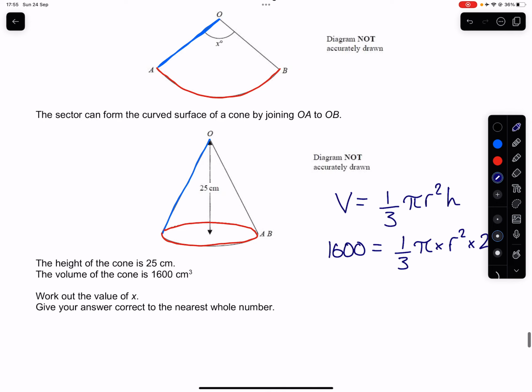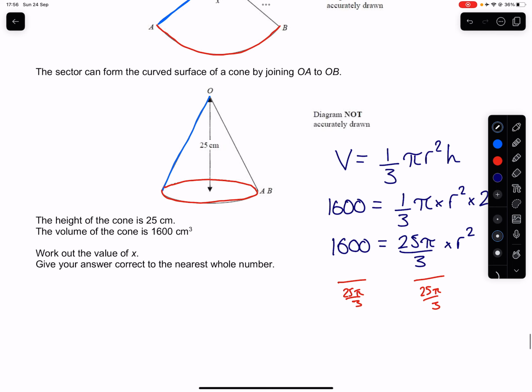We can simplify the right hand side, which will give us 25 pi over 3, getting multiplied by r squared. What we can then do is divide both sides by that 25 pi over 3 to get r squared on its own. If we do that, we get r squared equal to 61.115 and change.